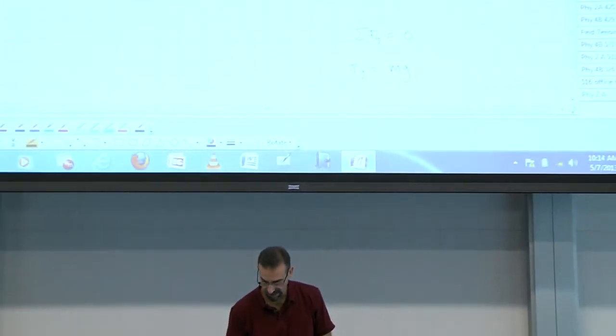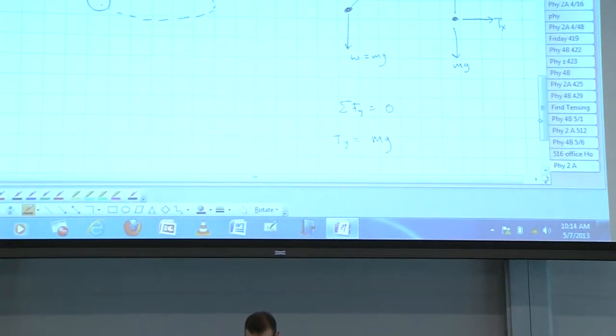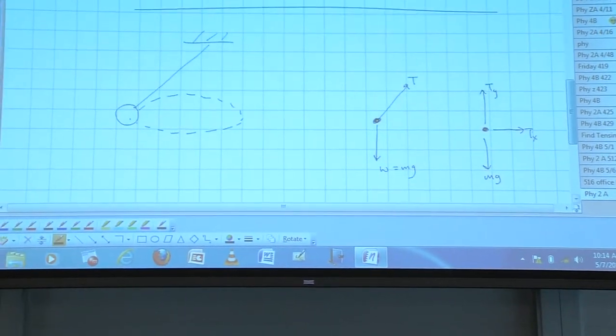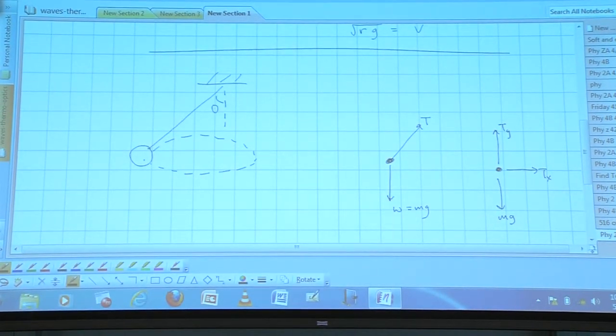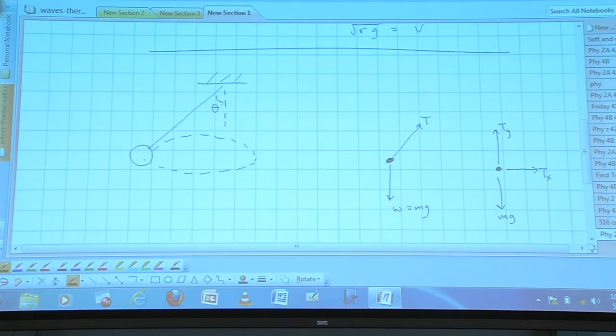Now, if we know the weight, this tells us what the y component of the tension is. And let's put an angle in here. Usually we measure the angle with respect to the vertical. We'll call that theta. So if that's theta, this angle over here is theta, which means this angle over here is theta.